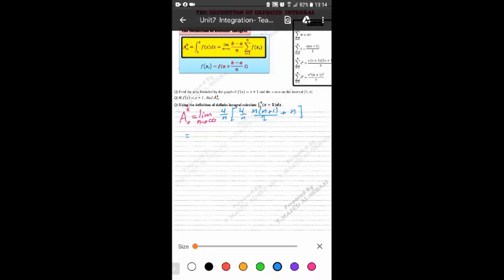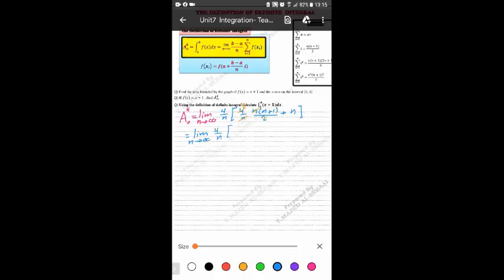Yeah. As I said, I will try to simplify it. Cancel n with n, and this 4 with this 2 will be 2. What will I have? It will be the limit as n goes to infinity, 4 over n.